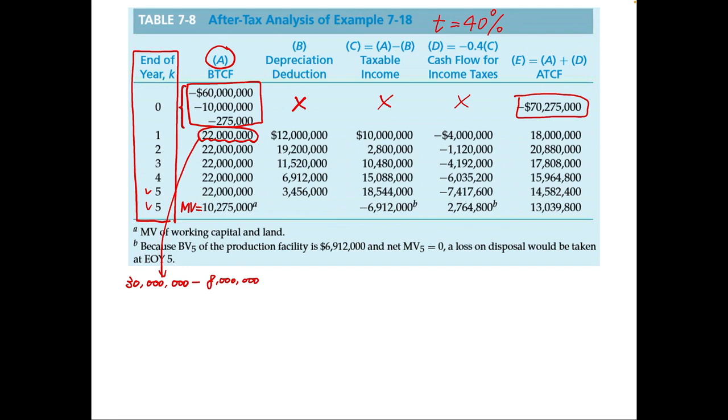And in the very last row for the MV, why do we have 10,275,000? This MV is from the piece of land and also the workforce. The people you hire, you need 10 million.